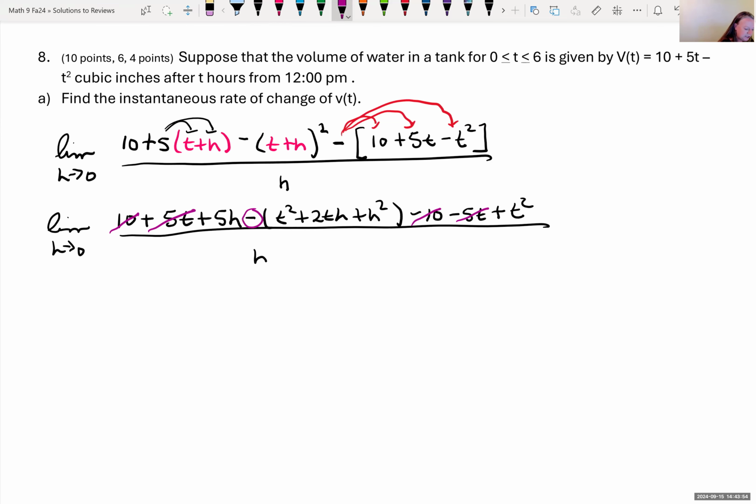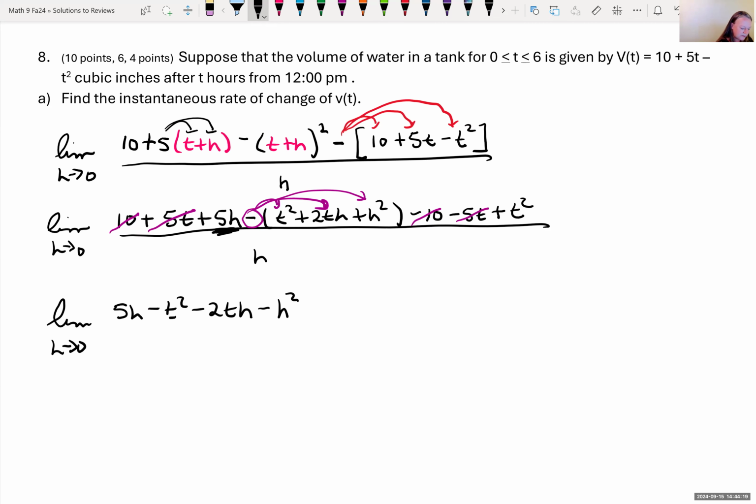I'm going to need to distribute my negative 1 inside this parentheses here. So let's bring down what we haven't done yet. So I still have this 5h here in the numerator. Distributing my negative, I get a negative t squared minus a 2th, minus an h squared.